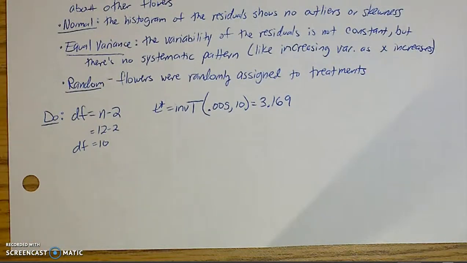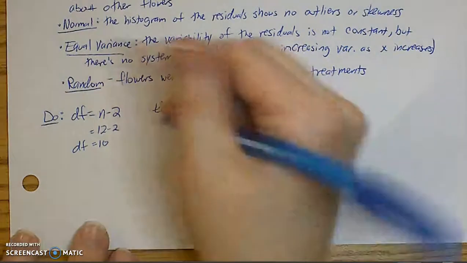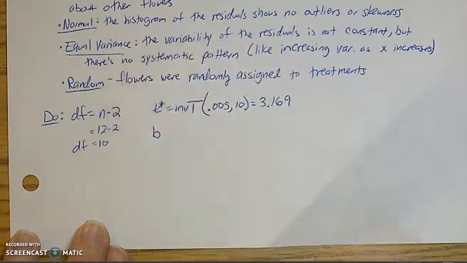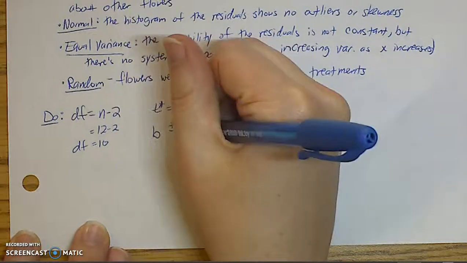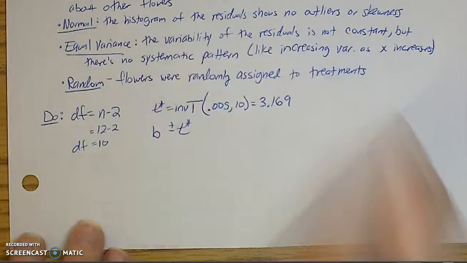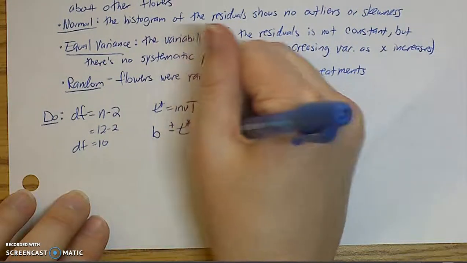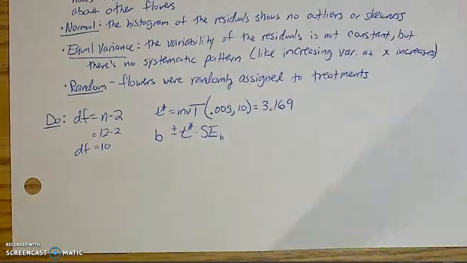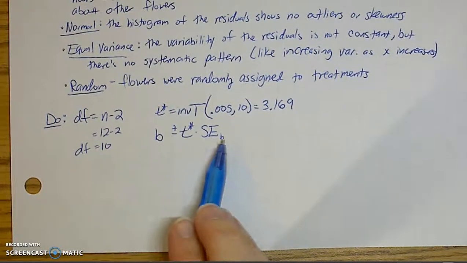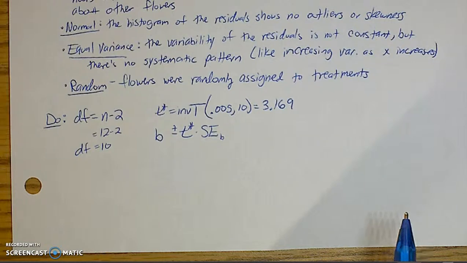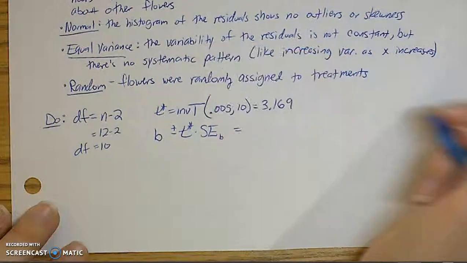All right. Then comes the formula. So you're taking your estimate, which is our b, our slope, add and subtract your critical value, your t star, times that by the standard error of your slope, which the b and the standard error of the slope came from your computer output above.